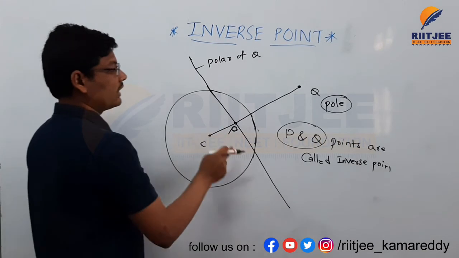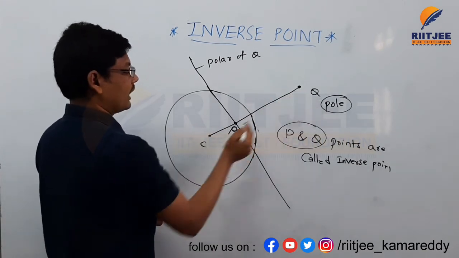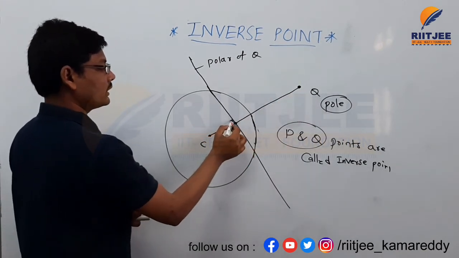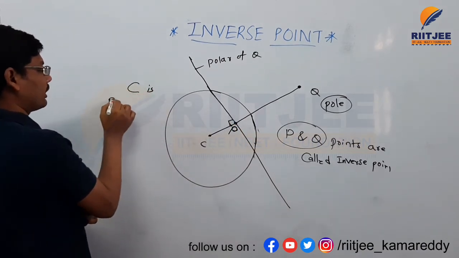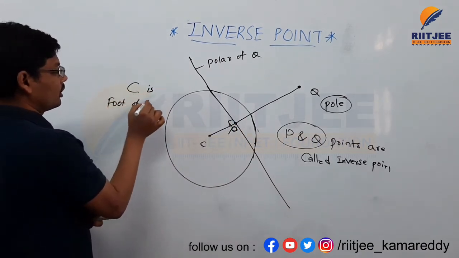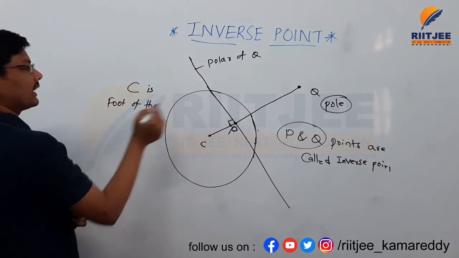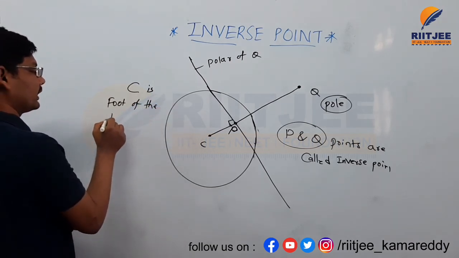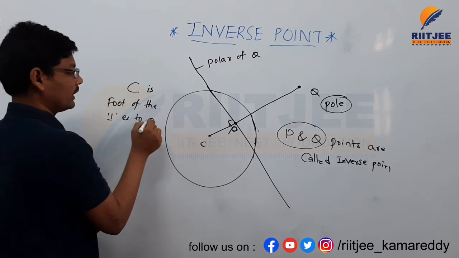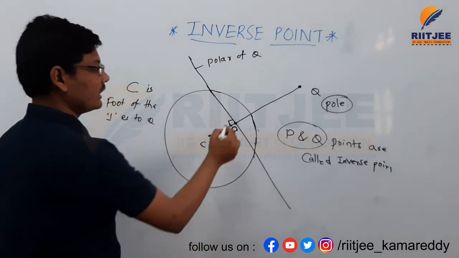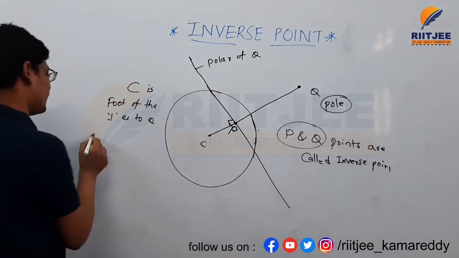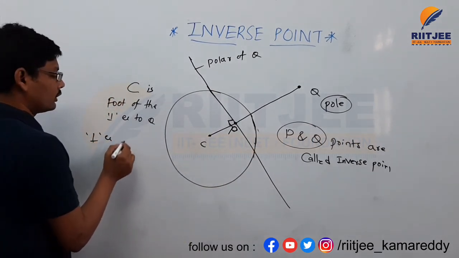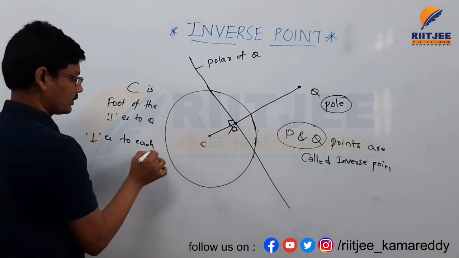This is the polar of the pole Q, and P is the foot of the perpendicular from C to the polar. These two lines are perpendicular to each other.